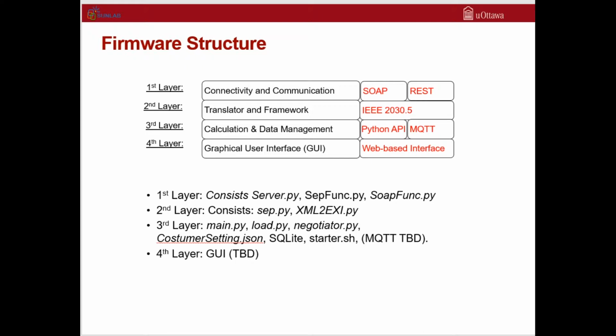The last layer, which is the GUI part, is responsible for making a unique interface between the customer and the Great DR project, because sometimes we have different HEMSC solutions, and they have their own GUI, so we decided to make a GUI to provide a unique communicating platform between the project and customers.